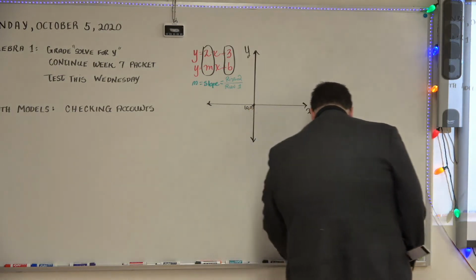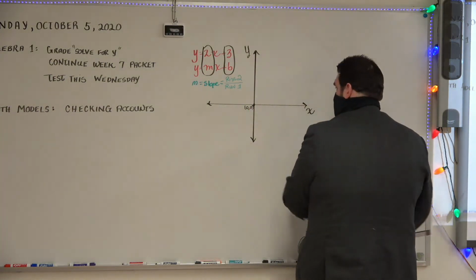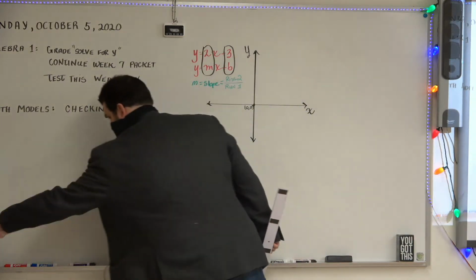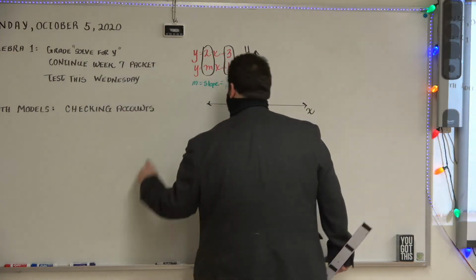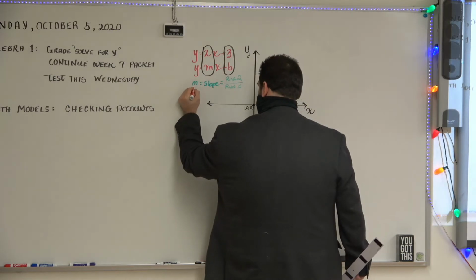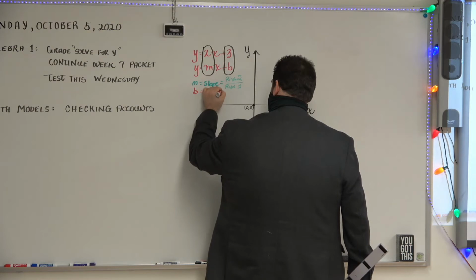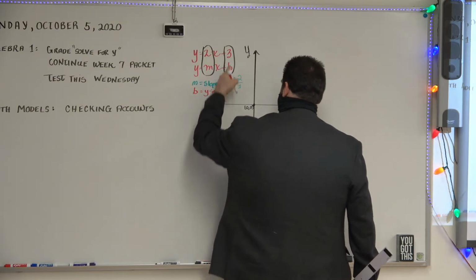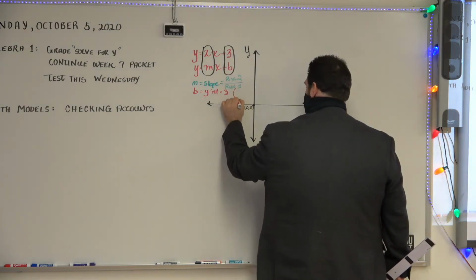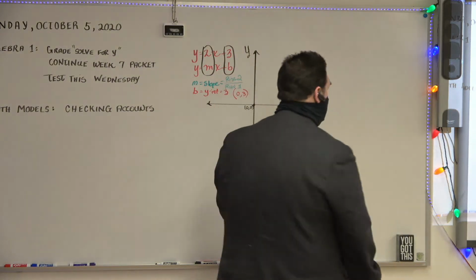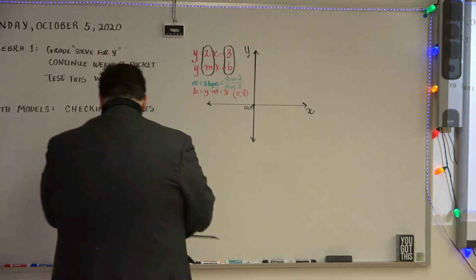And finally, you told me that b was the y-intercept, which you said was 3, but you told me that the coordinates for that were 0, 3. Okay? This is all the information we have so far.